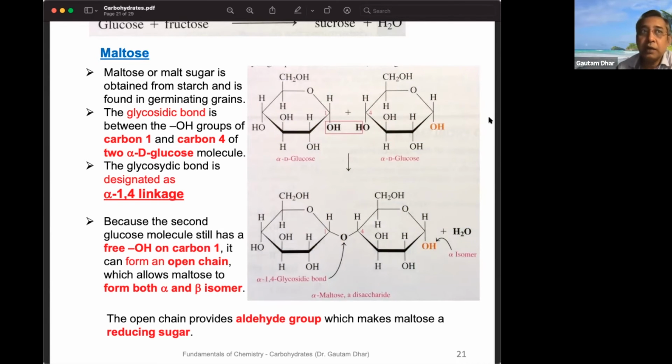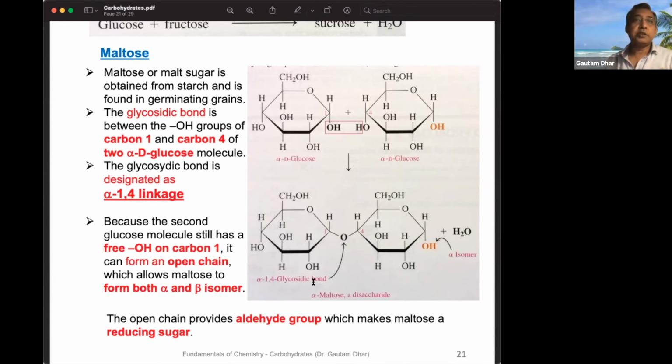So this is 1,4 maltose. What kind of maltose? This is alpha maltose. So you see at the bottom, alpha maltose. But if the OH is pointing up, we will call it a beta maltose.